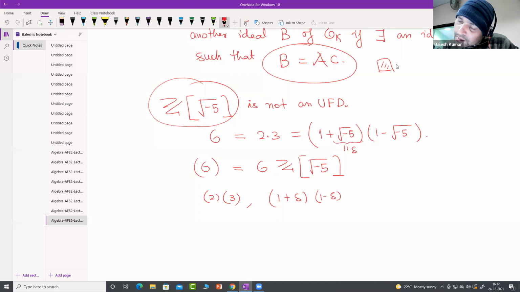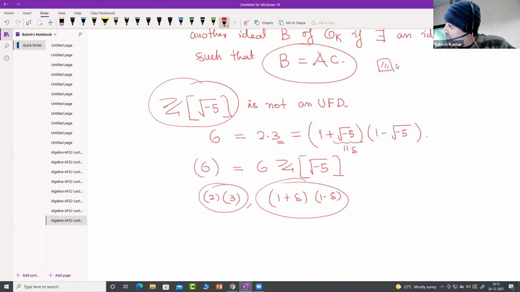So when we write in terms of ideals, there is a possibility to find suitable ideals which are commonly true for all these representations as ideals. So these different ways of writing as an element will not be in the picture.